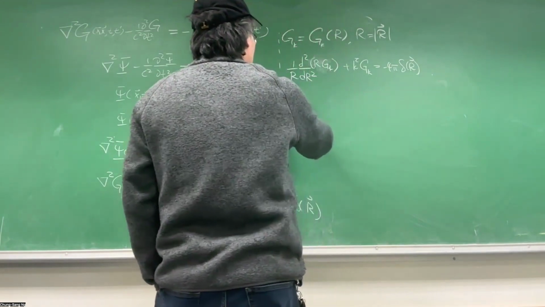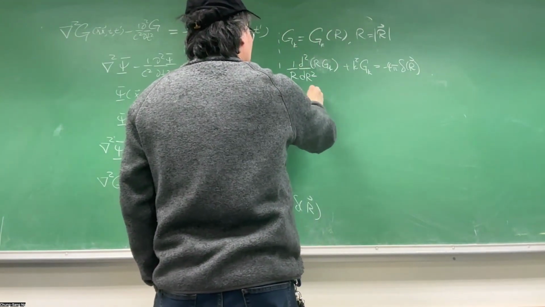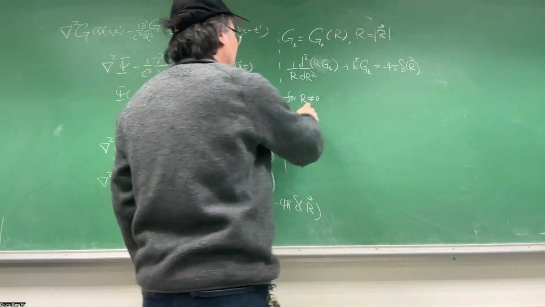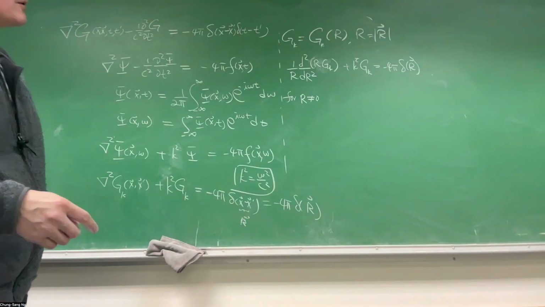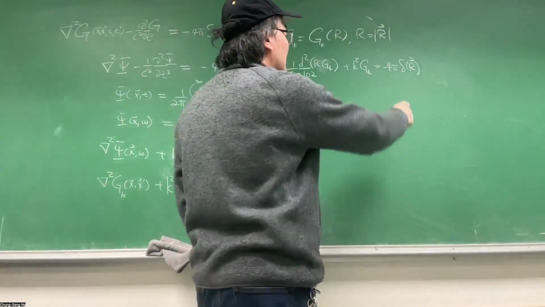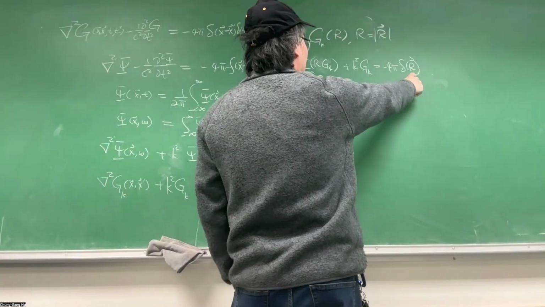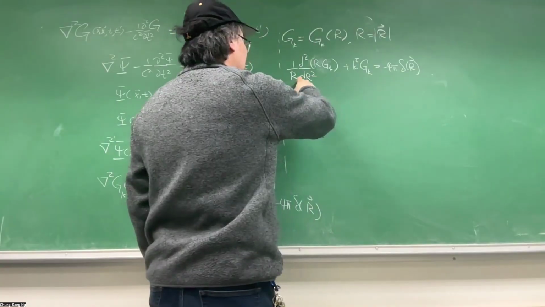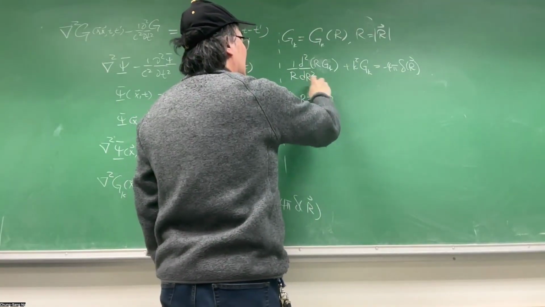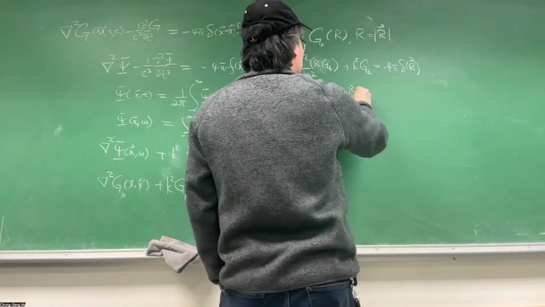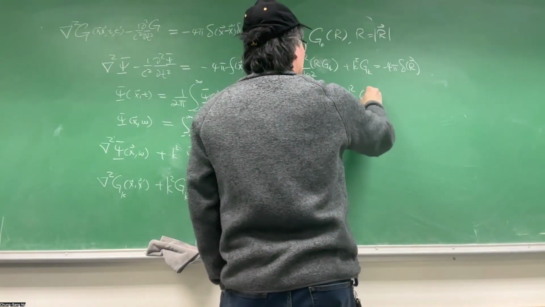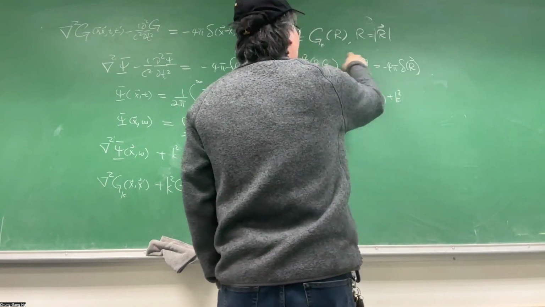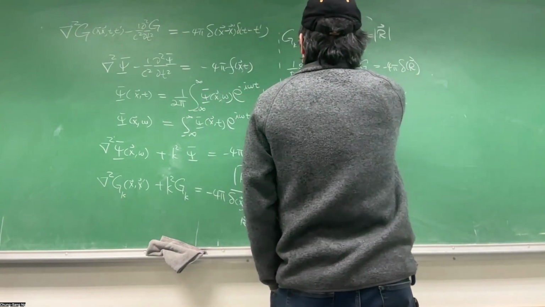Right. And now we solve this in 2 steps. The first step is for R not equal to 0. When the radial coordinate is not 0, the right hand side is 0, and then this equation becomes, we write it in this form, plus k squared, multiplied by R, because R is not 0.